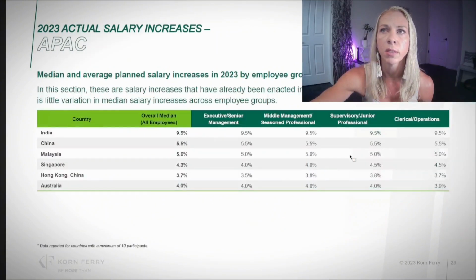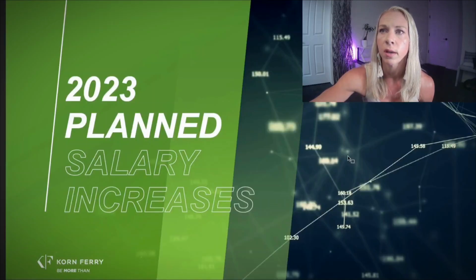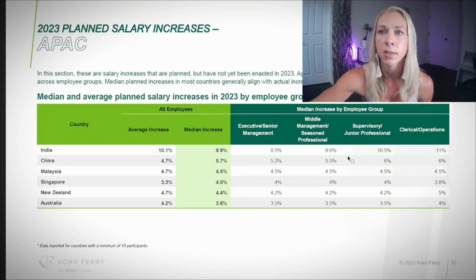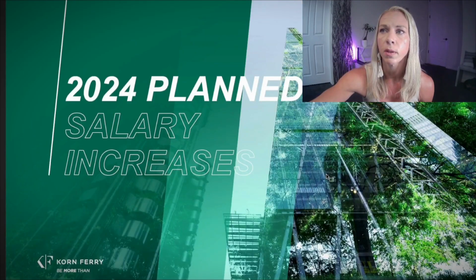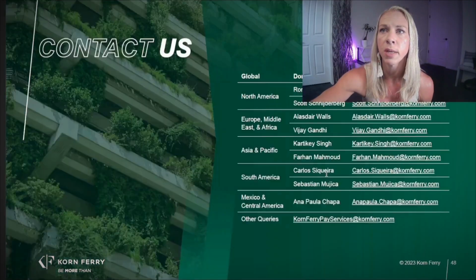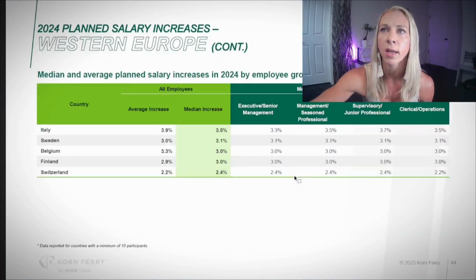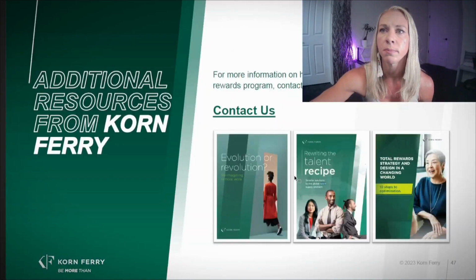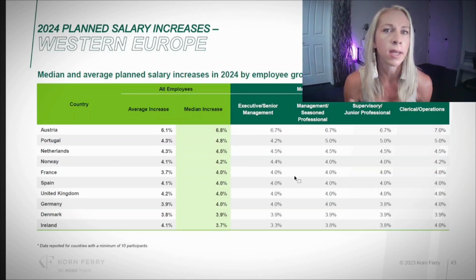Annual bonuses, and you can download this report yourself, or you can email me. I'm happy to send it to you. It's from Conference Board 2023, and just gets into basically how to contact them for additional information and basic planned salary increases.